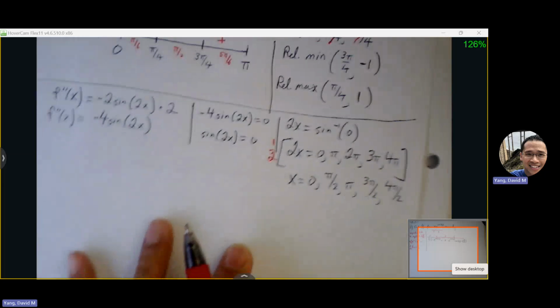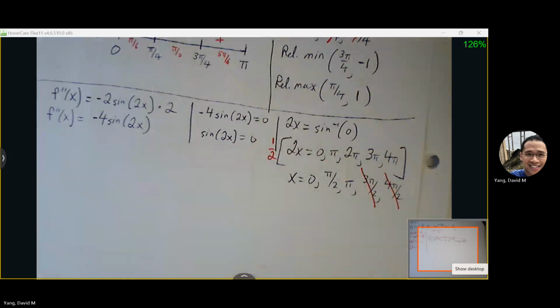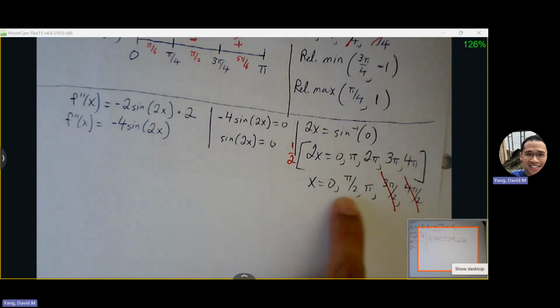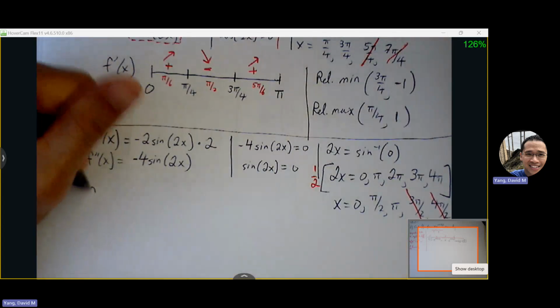Okay, I don't need the 3 pi over 2, 4 pi over 2. I'm only looking at what's between 0 and pi, since that's our interval here. And 0 and pi are endpoints. It's really only pi over 2 that's going to show up in between our interval here, in between our bounds.